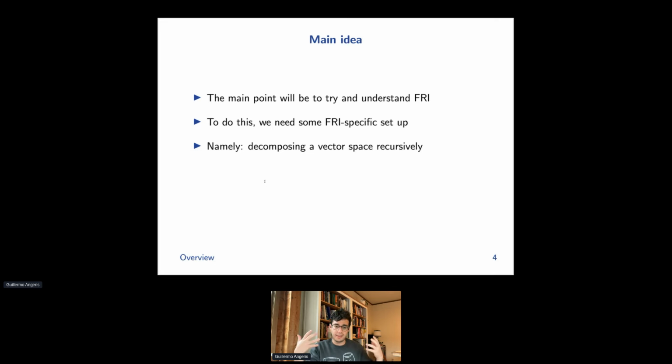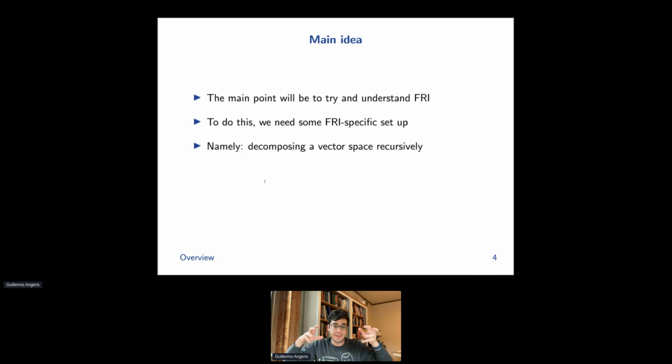But the point is we can think about a vector space as being composed of two vector spaces, each of which are smaller. And smaller in some sense that's very practical, such that if we want to verify something about the big vector space, we can verify a smaller fact that's easier to verify of the two smaller vector spaces, right?